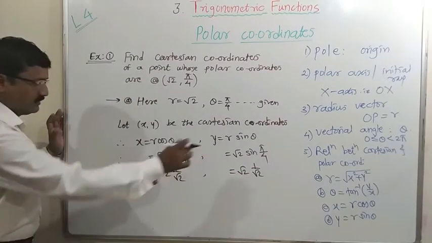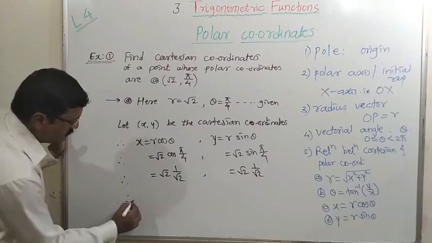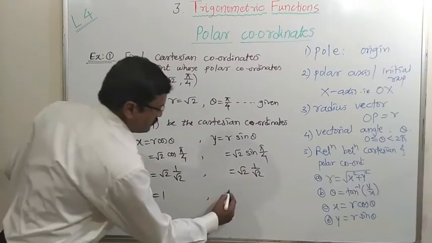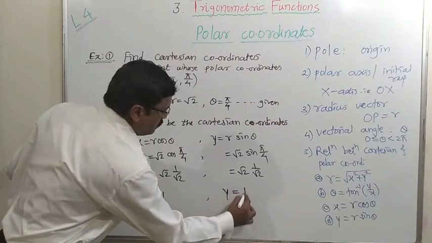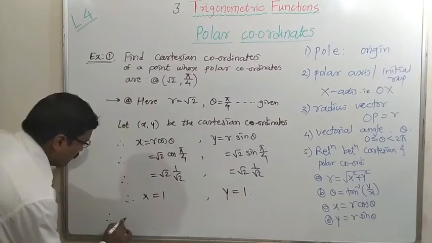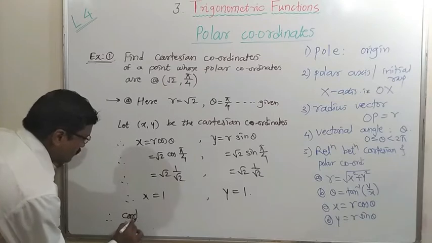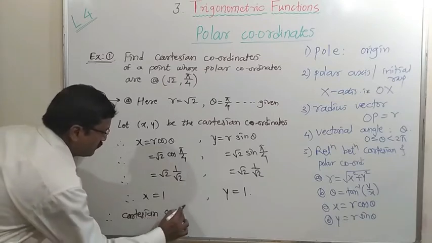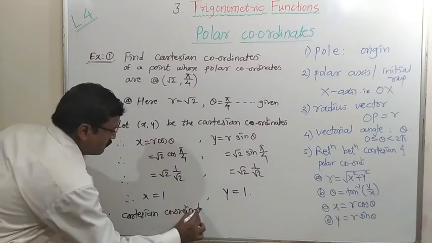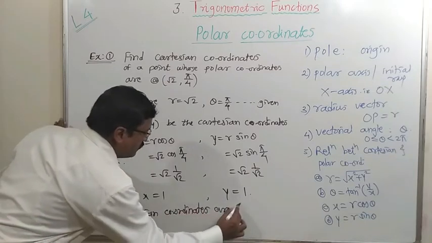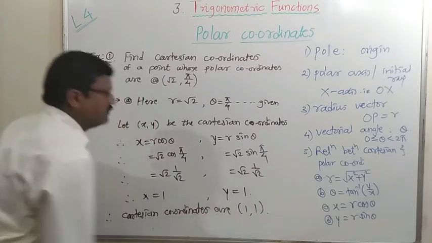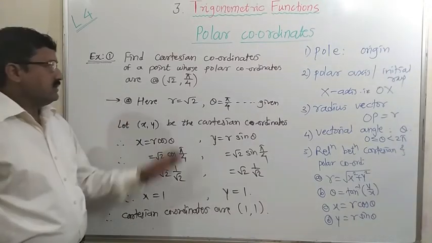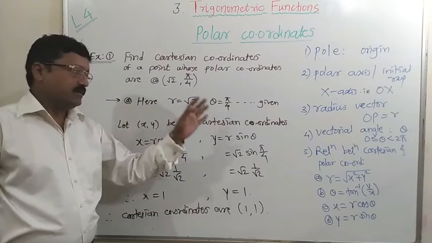So root 2 both get cancelled. So here we get x equal to 1 and here also we get y equal to 1. Therefore, the Cartesian coordinates are (1, 1). So this type of question is very easy to find the Cartesian coordinates from polar coordinates.